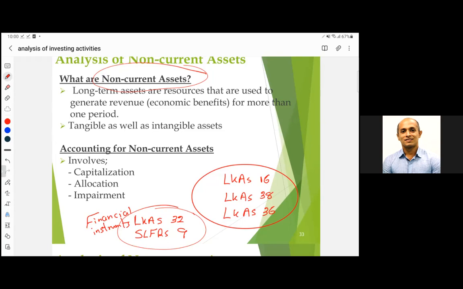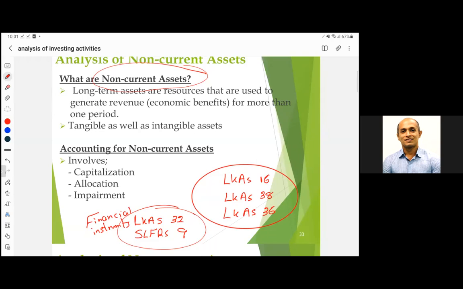Right. So this knowledge is important to analyze receivables. You should have a quick look at these five standards, because you have already studied them. Now you are in the fourth year, so you should be familiar with almost all the accounting standards. Otherwise, you have no value in the industry if you don't know the standards. Accounting is part of your degree. Without knowing the standards, there is no value to you in the industry. That's the reality.